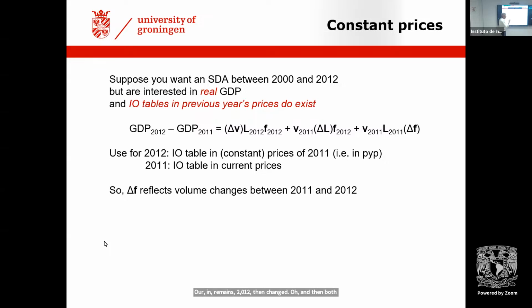That is the polar decomposition. Now, in implementing, running your calculation, for the values for 2012 you use the input-output table in previous year's prices, so in constant prices of 2011. And for the values in 2011, you use last year's table, the table of 2011.